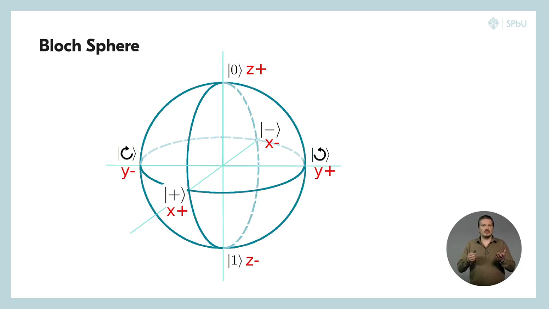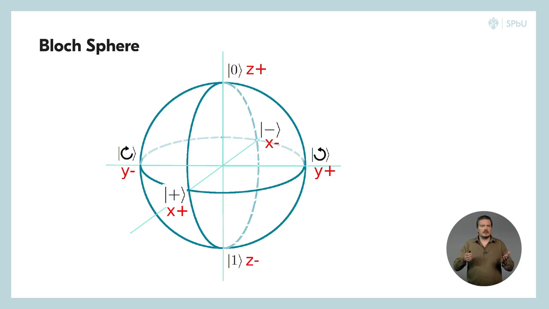And the states of the particles having spin up and spin down along the y-axis, which is, as you remember, the direction of their propagation, are no surprise on the y-axis, forming the rotational basis. However, I am not sure that the term rotational has physical meaning here. Probably no, it does not.